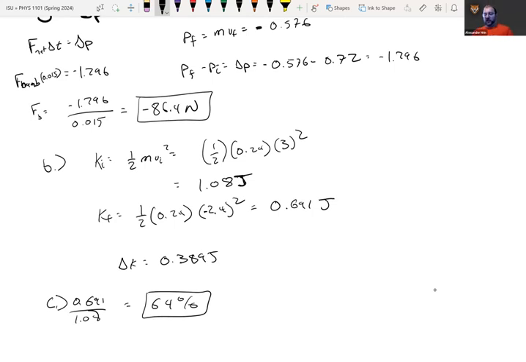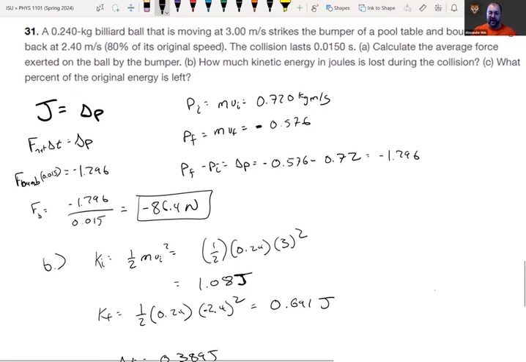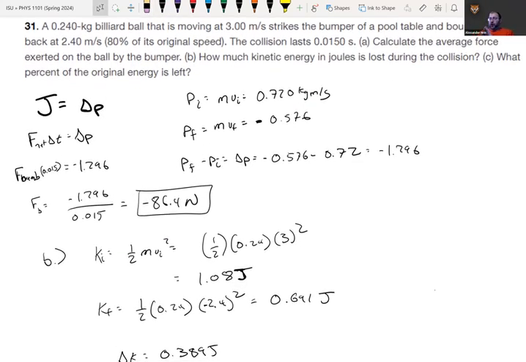And the thing is, you don't really need to do this calculation because the problem, in fact, tells you that it's 80% of the original speed. If I square that, I'm down to 0.64 or 64% of the original kinetic energy because the mass and the 1/2 don't change.